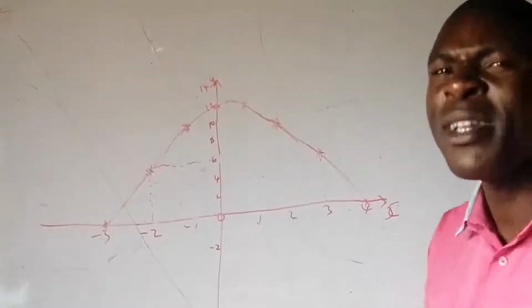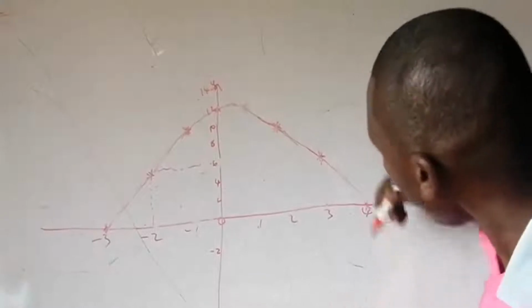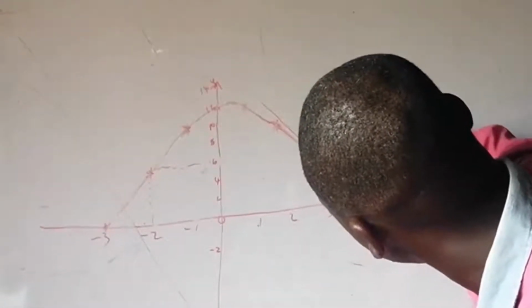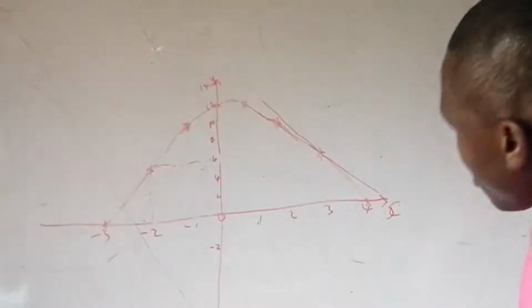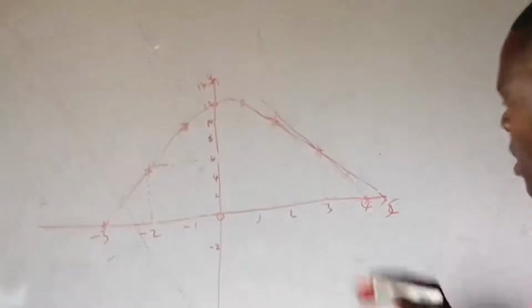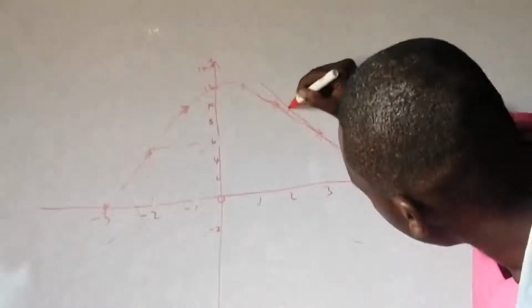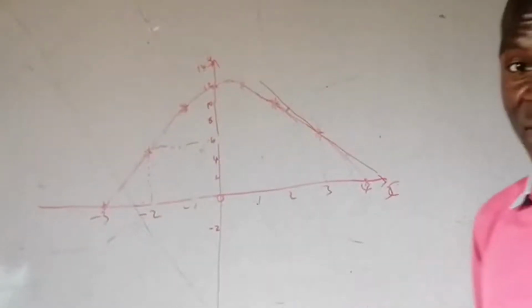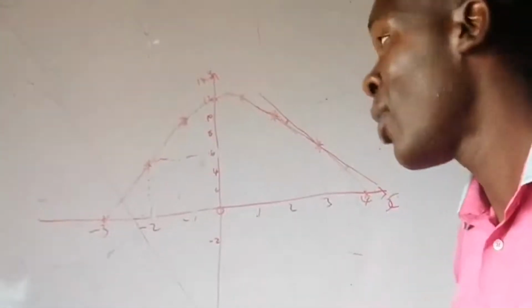Usually, I always say that if we draw a tangent here, the angle on this side must be equal to the angle on this side, so that your answer will be accurate.